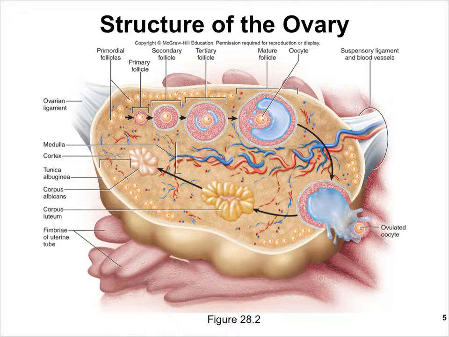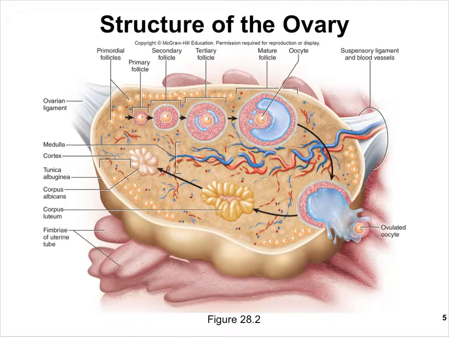Females, on the other hand, are born with all of the eggs that they will ever have already started. They are started in as what are called primordial follicles, which is a pre-egg cell surrounded by some support structures.